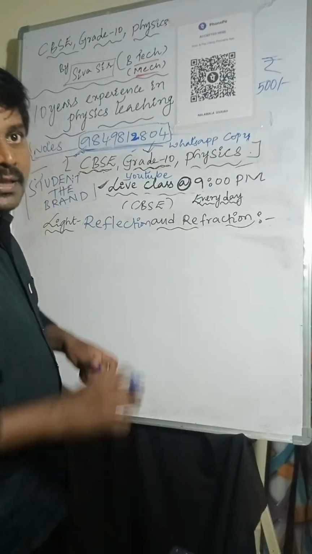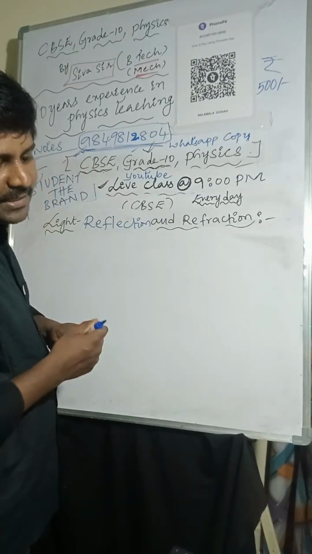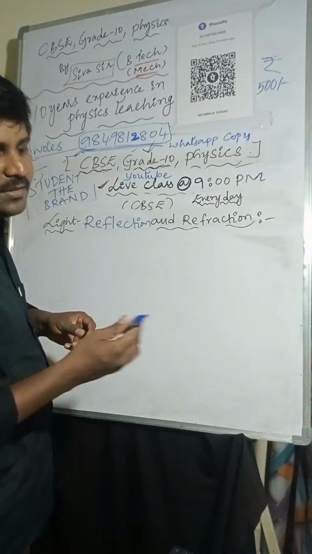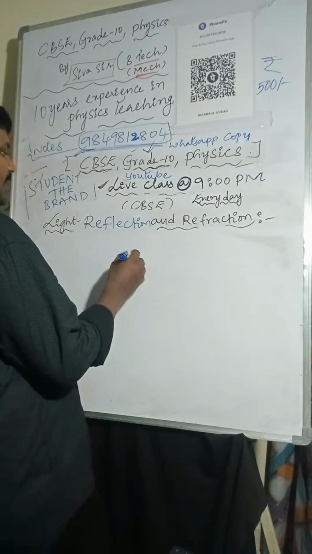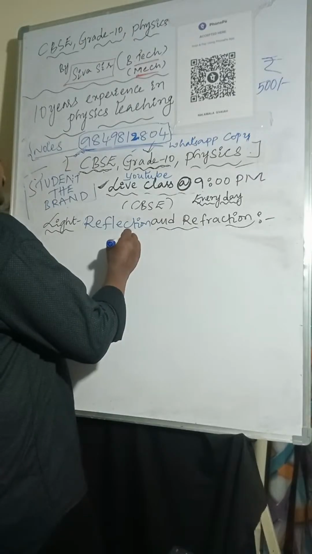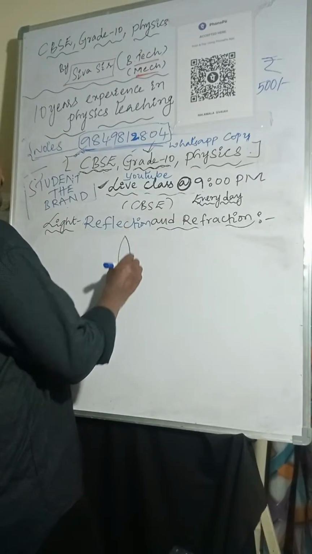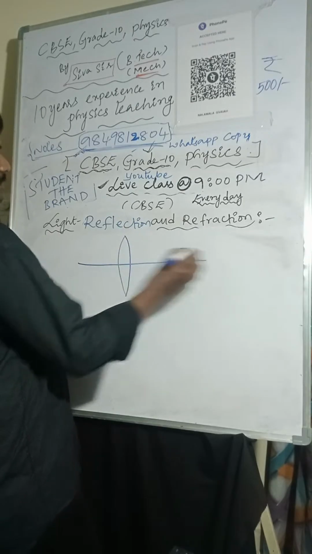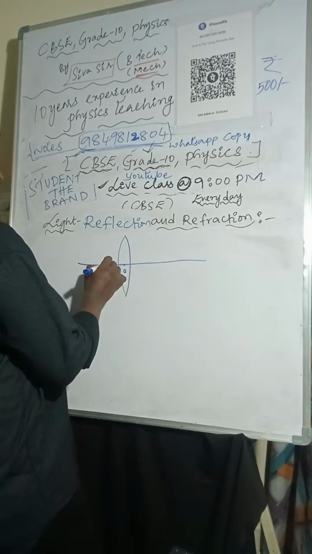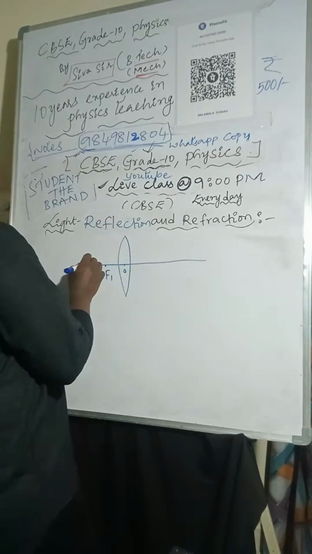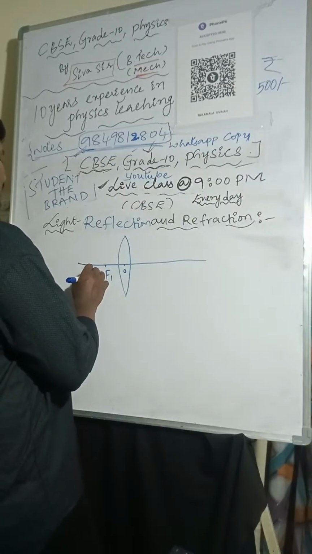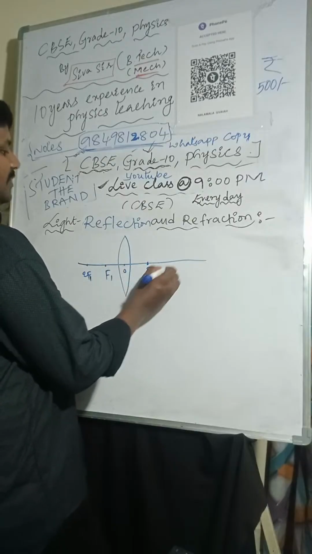There are two types of lenses: convex lens and concave lens. I'm taking the convex lens. This is a convex lens. Optic center, F1, 2F1, F2, 2F2.